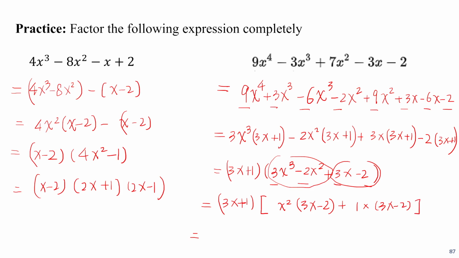So that can be factorized to 3x plus 1 times 3x minus 2 times x squared plus 1, right? Did you get it?